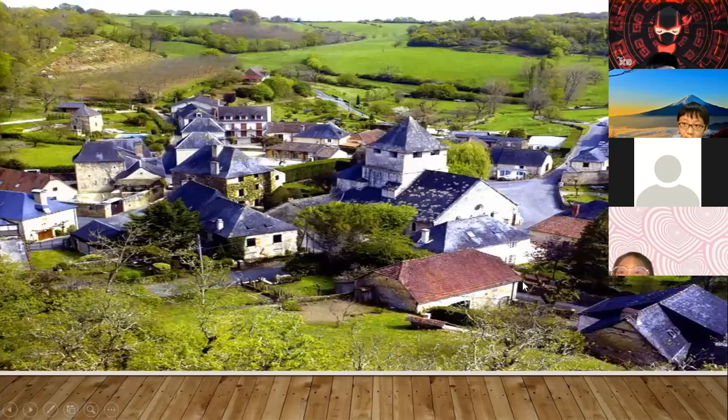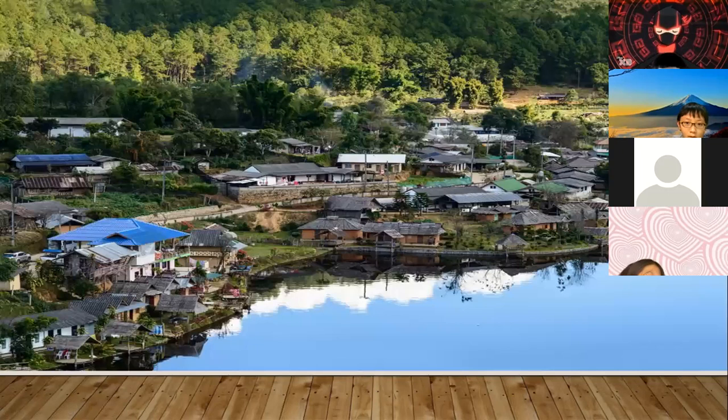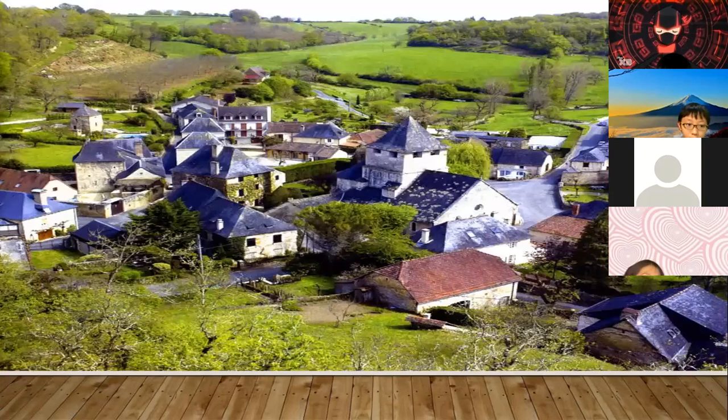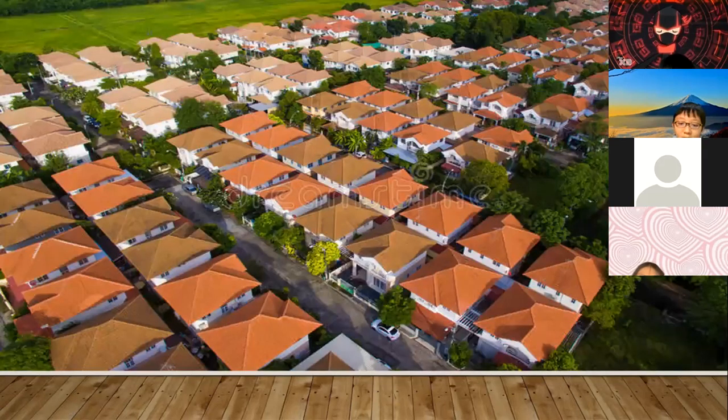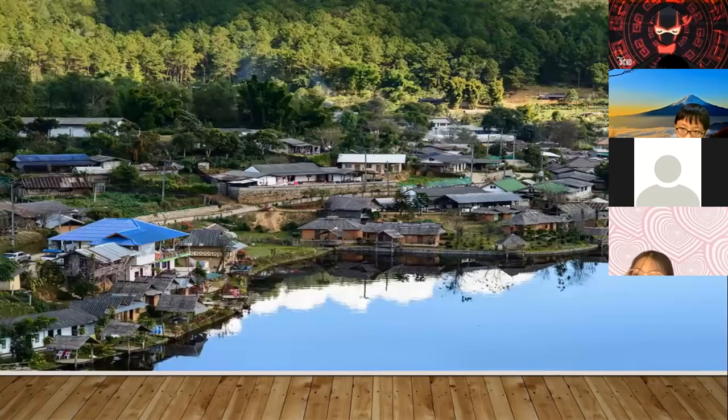The first one is a village in Europe. This one is a village in Thailand. What Thai people call a village, Muban, in English is not a village, but in Thai language, you call it a village. Can you see the difference?